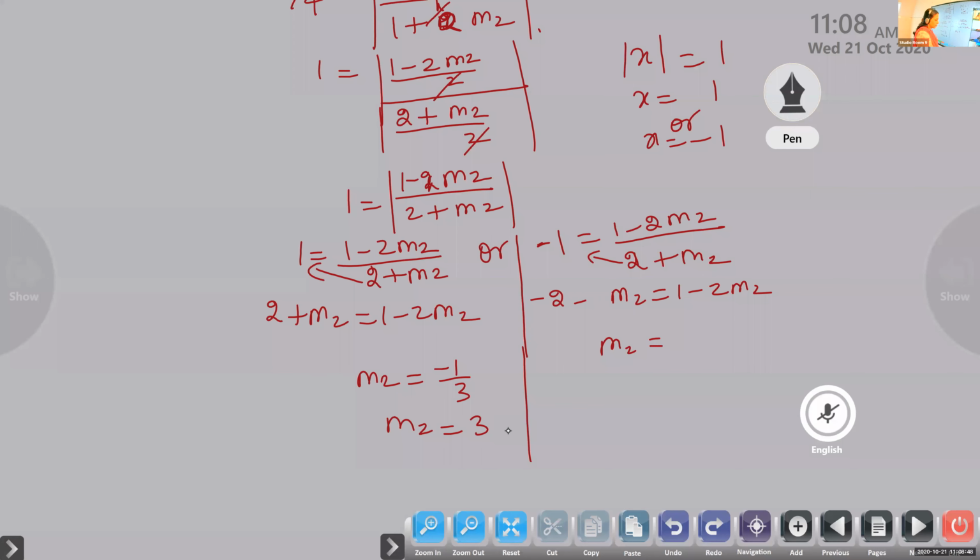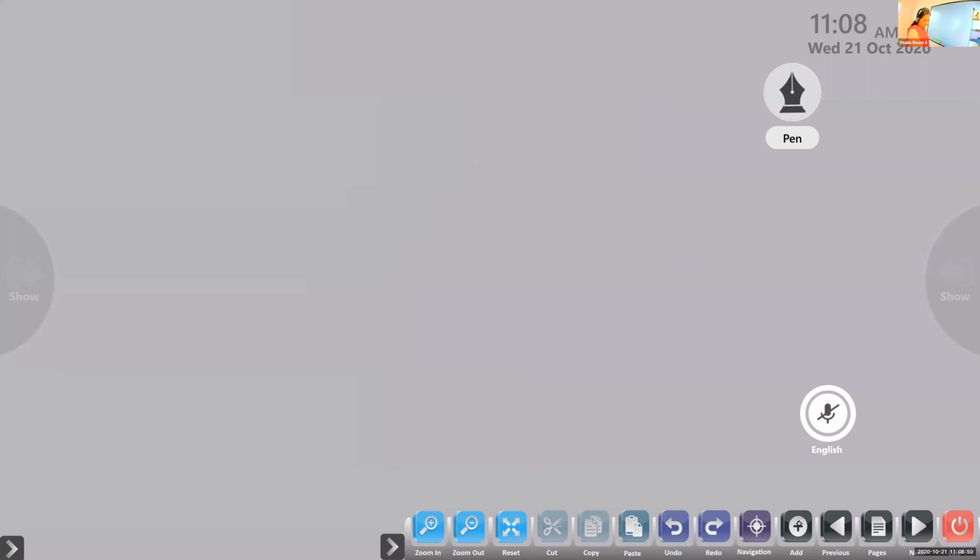A line passes through 3 points (h, 0), (a, b) and (0, k).